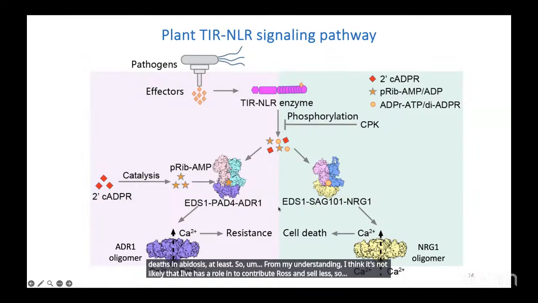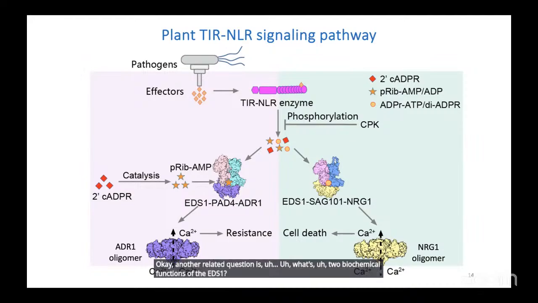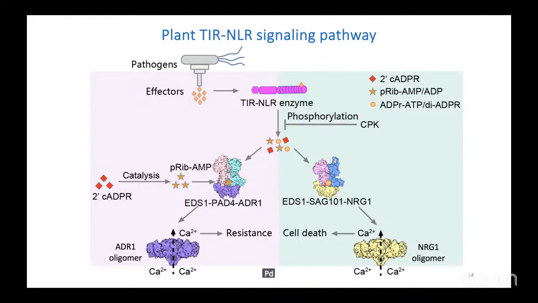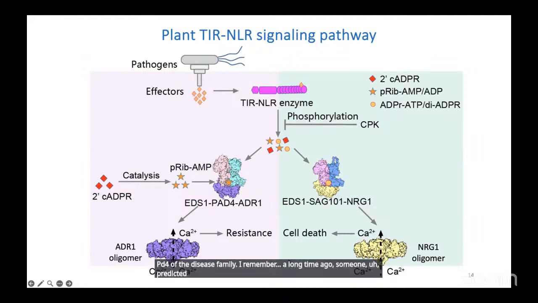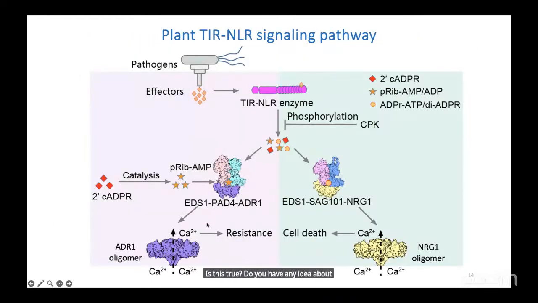Okay. Another related question is, what's the true biochemical function of the EDS1, PAD4 family? I remember a long time ago, someone predicted that EDS1 and PAD4 may be a lipase. Is this true? Do you have any idea about their common lipase functions?